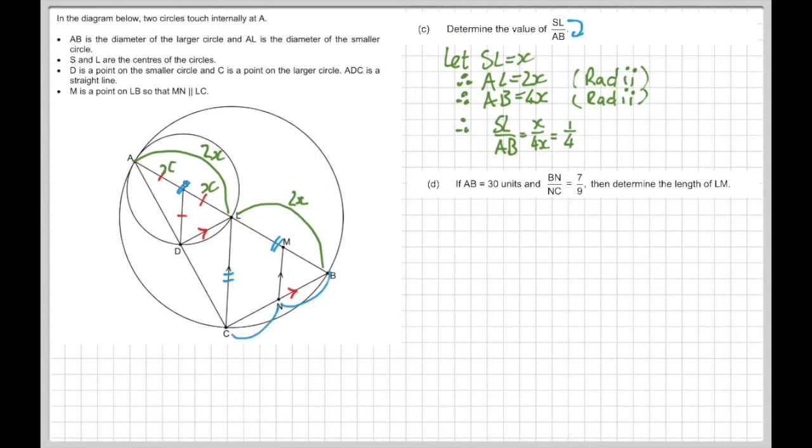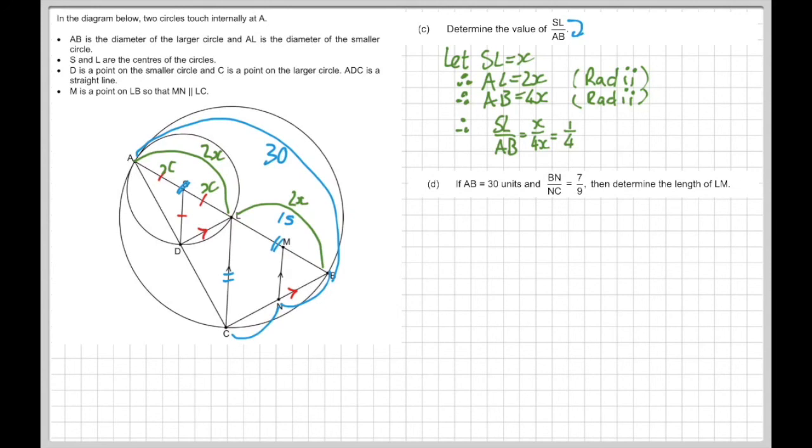First of all, AB is 30 units. I'm going to relate this to what I previously had because I need to go towards LB. So LB is 15 units because it's half of the big diameter.